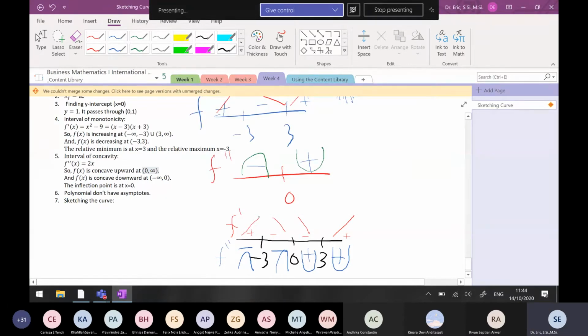This part is going up with this concavity, so you have this kind of graph. This is going down, so you have this kind of graph. What about this? Going down.